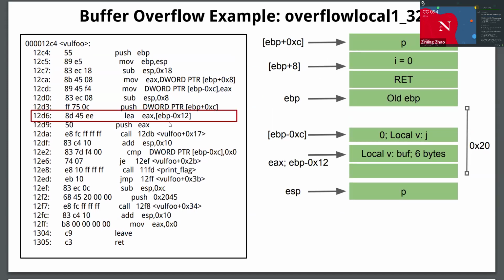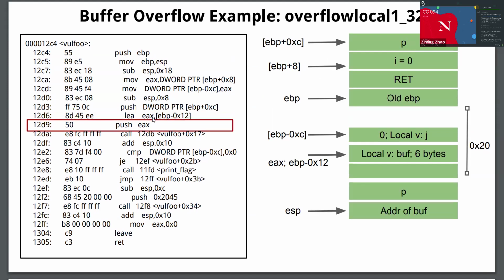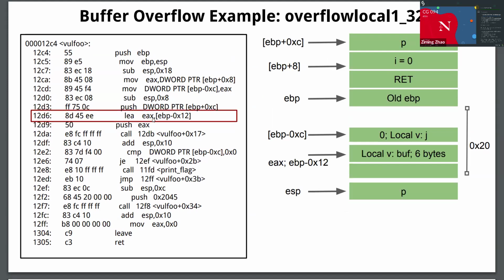Then we get the EBP minus 12 to EAX. Then we push EAX. Why are we pushing EAX? EAX is a buffer. We're pushing a buffer, which means EBP minus 12 in hex is where the buffer is, right?